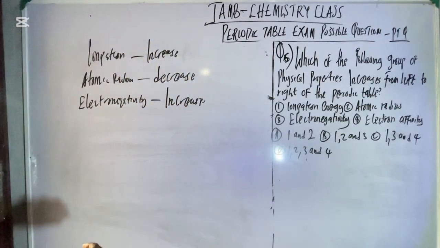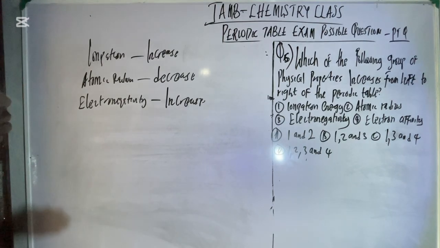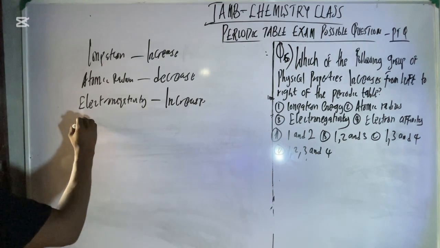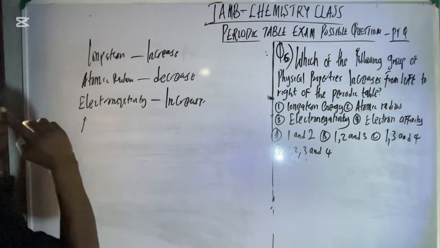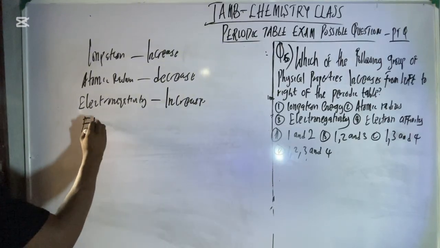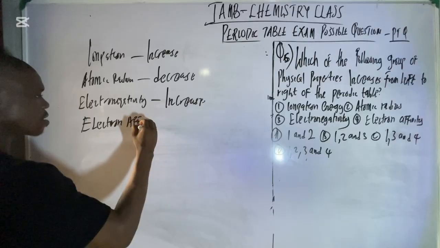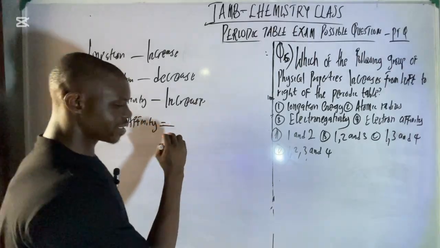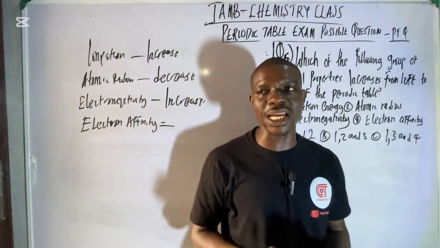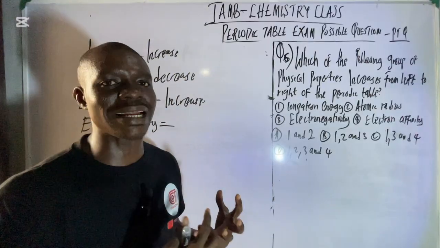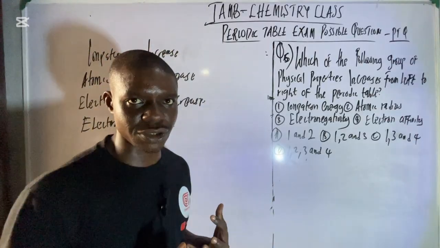Then electron affinity. What happens to electron affinity? Electron affinity is the energy released when an atom gains an electron. Do you understand?